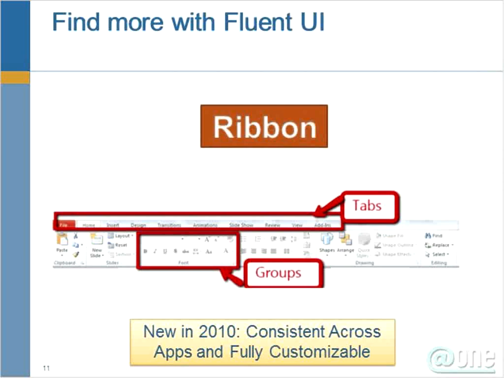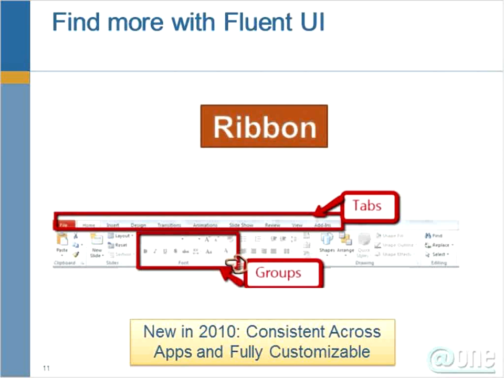They really try to use natural language in the ribbon, where most of the material that you use often will be on your Home tab, where things you do to insert into your product will be under the Insert tab. If you're working with the design of your presentation, then you're probably going to find it in the Design tab. And so they have these different tabs that make better sense as to what command you'll find under that tab.